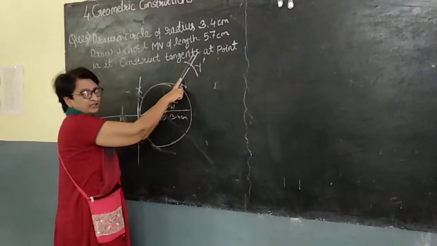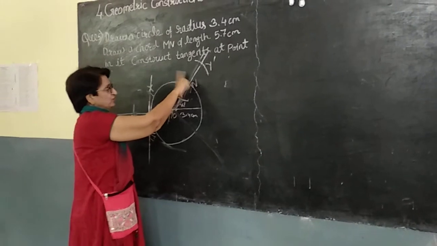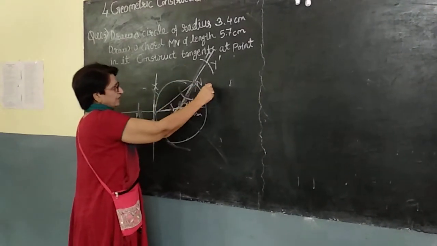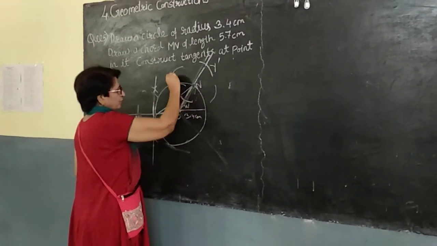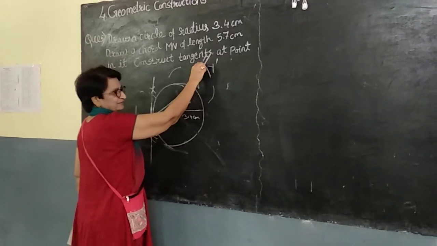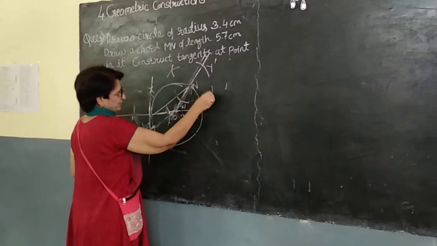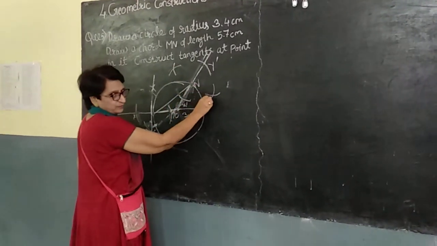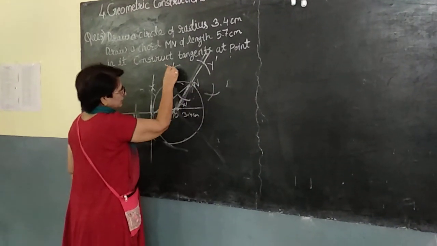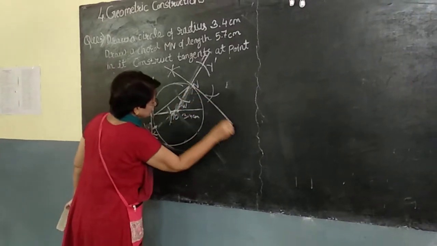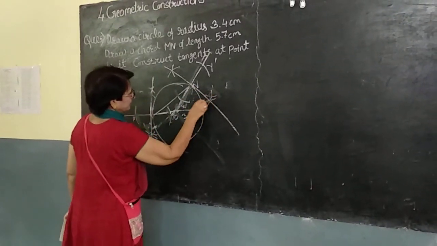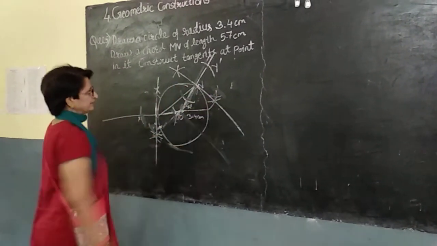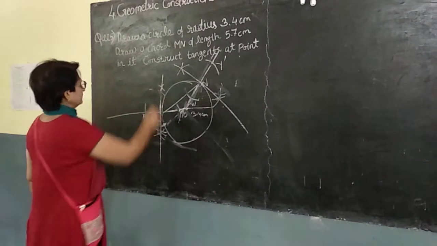Again taking more than half of X dash Y dash, draw an arc on this side and an arc on this side from point X dash and similarly from point Y dash. Then join these intersection points with the point N. Draw a straight line passing through these. Like this. So this is the tangent.